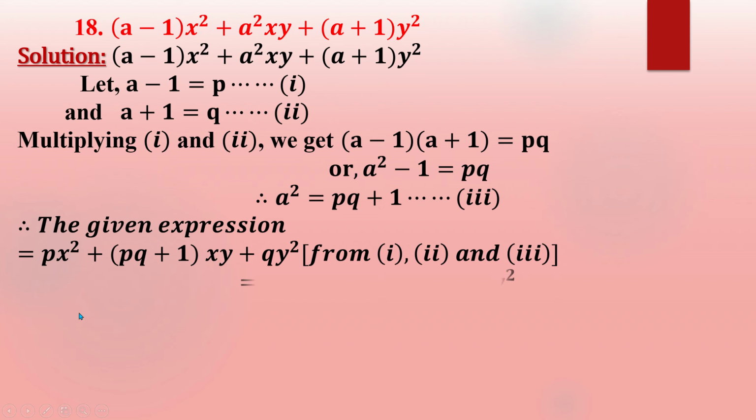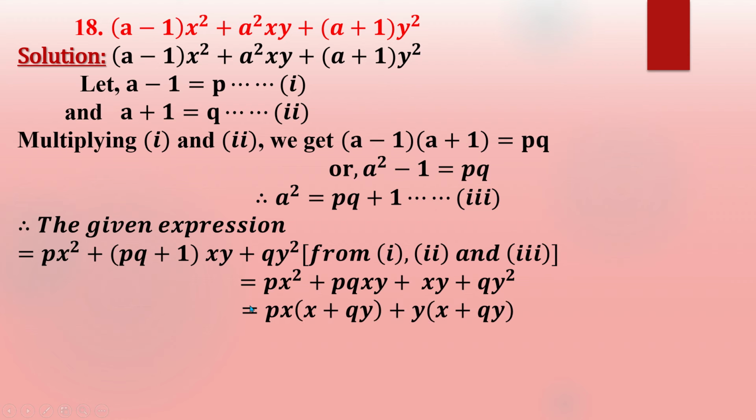Okay, now this equals px square, and after multiplying this and this we will get pqxy plus xy plus qy square. Now we can take common between these two terms px. As a result, here will be only x and here will be qy plus, after taking common y here, x plus qy.